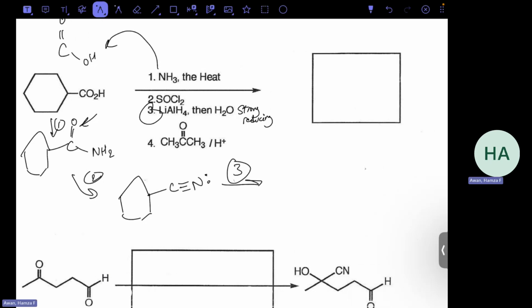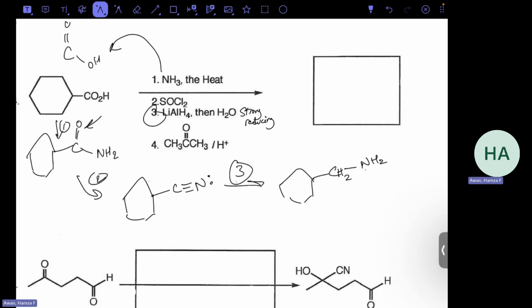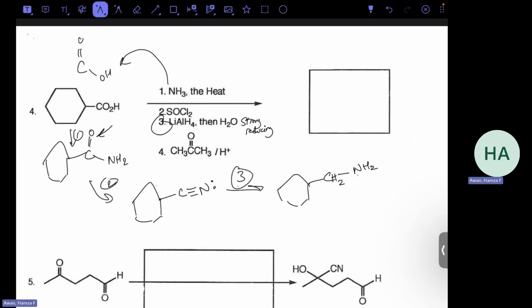And remember the amine is like our single bond to the nitrogen. So same thing happens. We have our C and that's going to be bonded to NH2. So this is going to be a CH2, yeah, CH2 bonded to NH2.